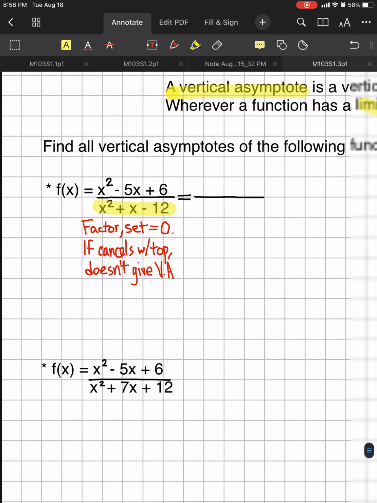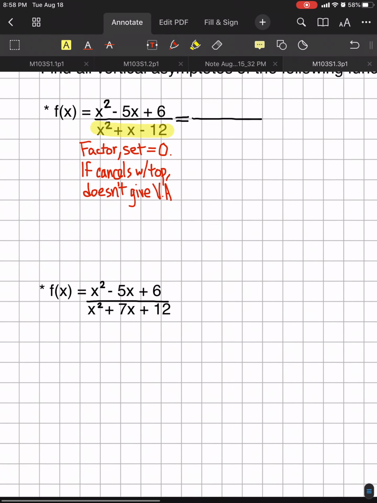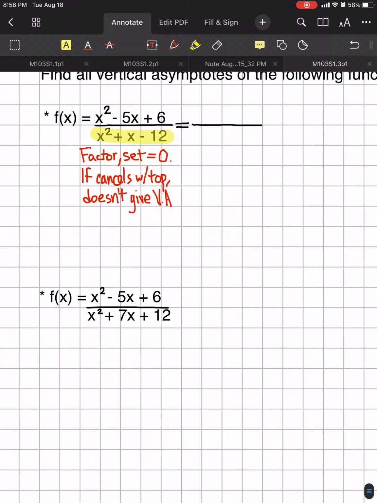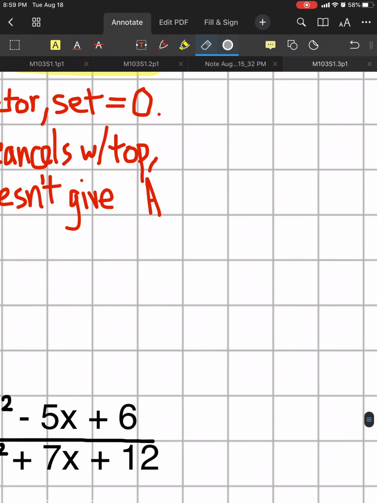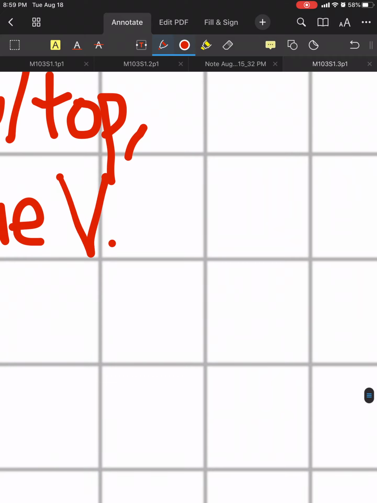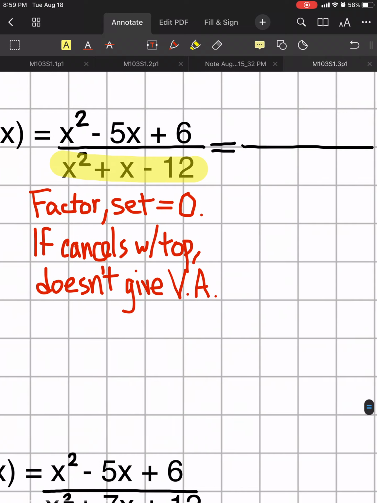So what I would like for you all to do is pause and work on this first one. Let me fix this, it doesn't look quite like I would like it to. Look at this first one.